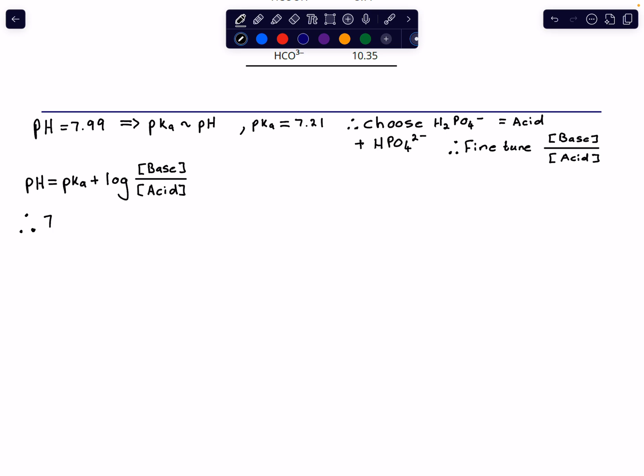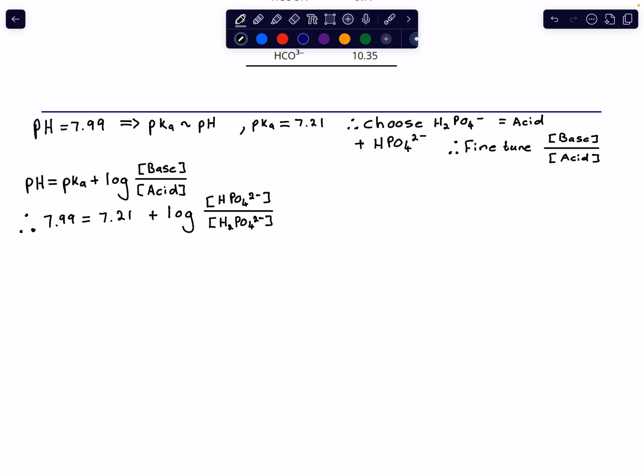If we now put in what we have, the pH that we want is 7.99, and the pKa of our acid is 7.21. Our choices are that the base is hydrogen phosphate and the acid is dihydrogen phosphate.